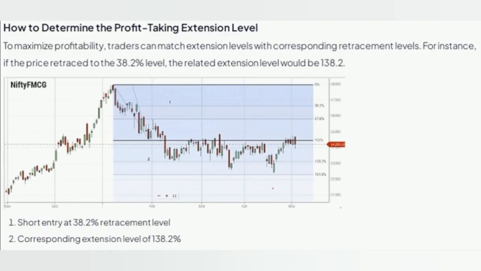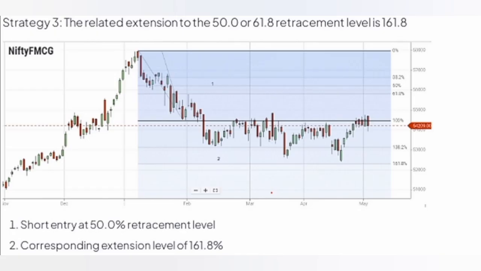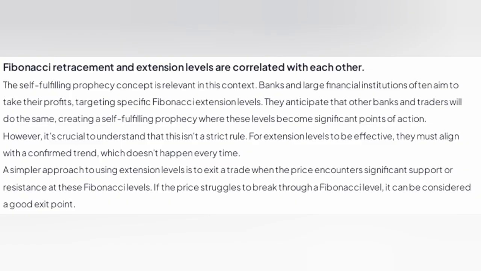Corresponding extension level of 138.2%. Strategy 3: the related extension to the 50% or 61.8% retracement level is 161.8%. Extension levels. Short entry at 50% retracement level. Corresponding extension level of 161.8%. Fibonacci retracement and extension levels are correlated with each other.